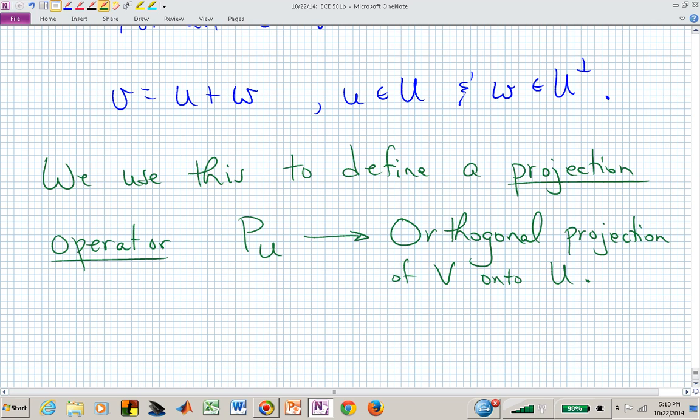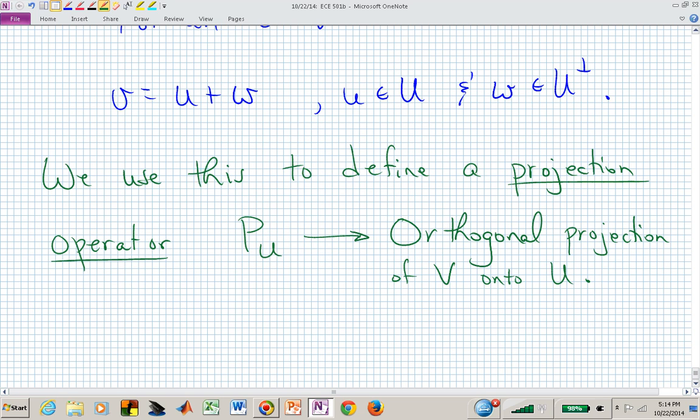And now what we want to do is project that vector orthogonally into the subspace U. And we'll do that by basically throwing away the component of V that's in U perp.